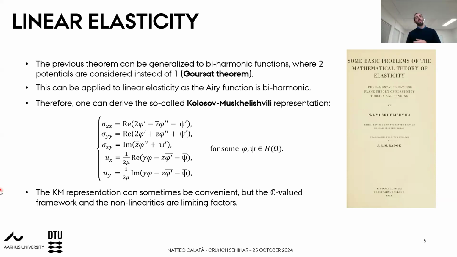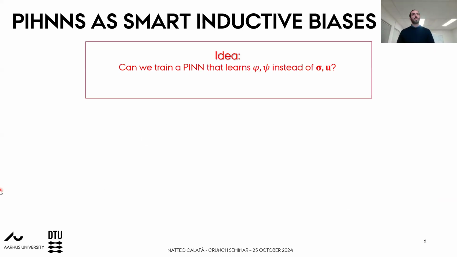And especially the non-linearity in the system increases the level of challenge when trying to find some analytical solution. That's also why, presumably, numerical methods have not really been defined for this kind of representation. But we can come up with this idea.